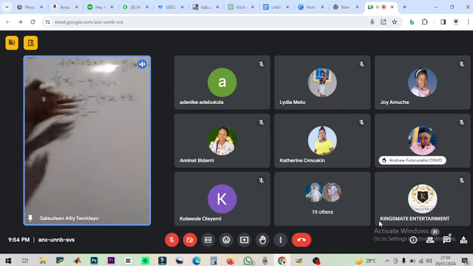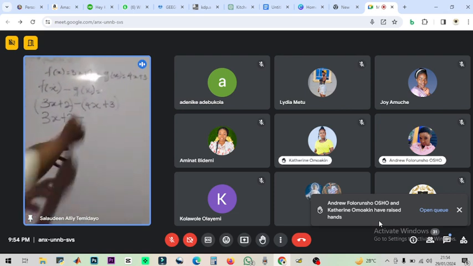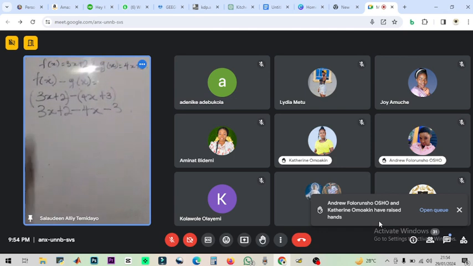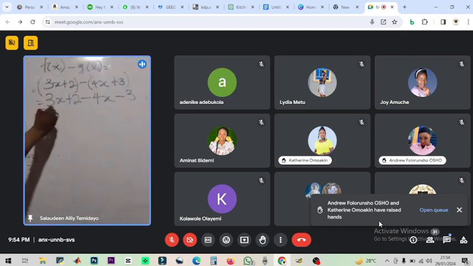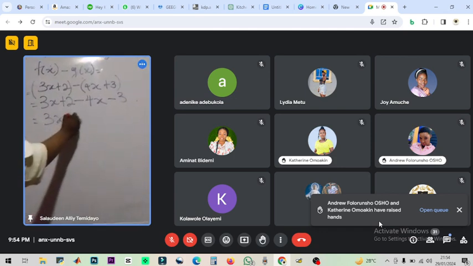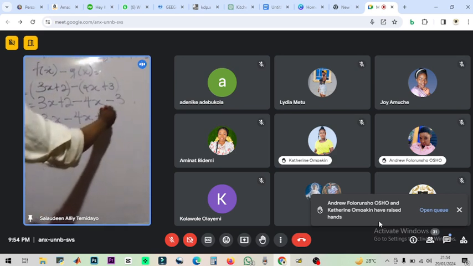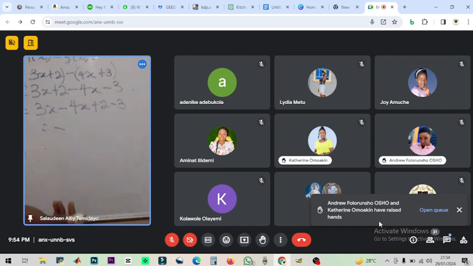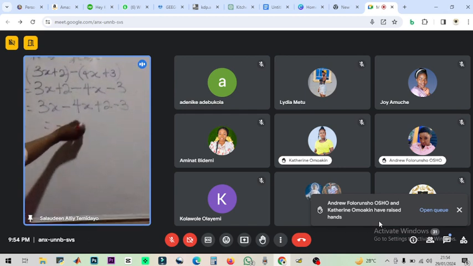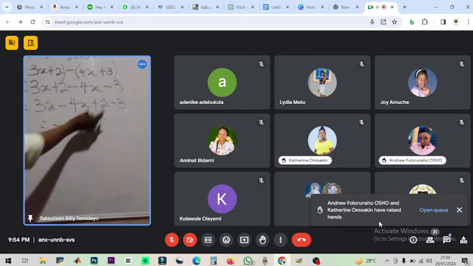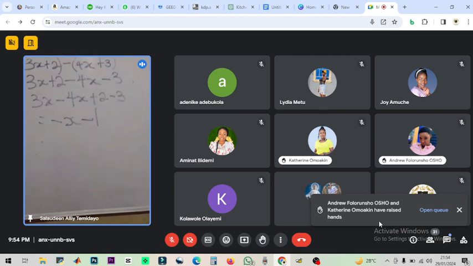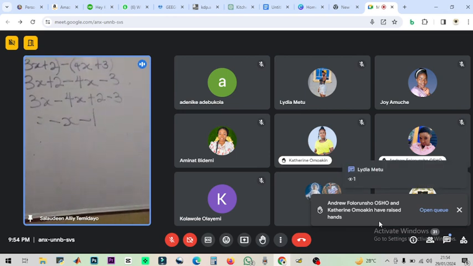Once you multiply everything inside the bracket by minus, it becomes minus 4x minus 3. So this becomes 3x minus 4x plus 2 minus 3. 3x minus 4x is minus 1x, so instead of writing 1x again, you just say minus x. Plus 2 minus 3 equals minus 1.